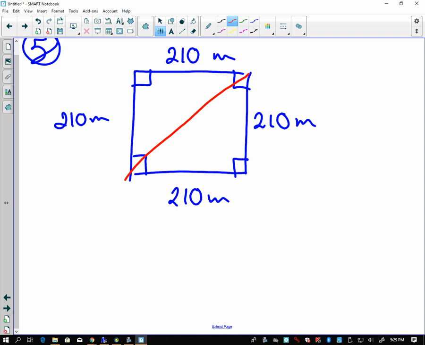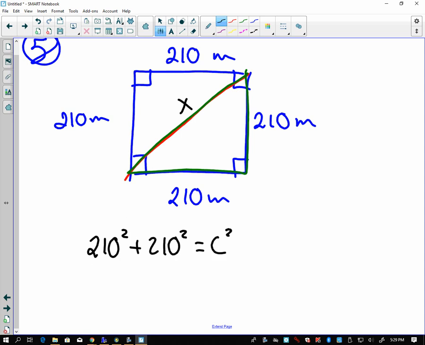Now, if I see this, I should see that I have a right triangle. If I want to try to find this length, which is my diagonal line, I can simply do the Pythagorean theorem. 210 squared, 210 squared equals c squared. 210 squared is 44,100 plus 44,100 equals c squared.